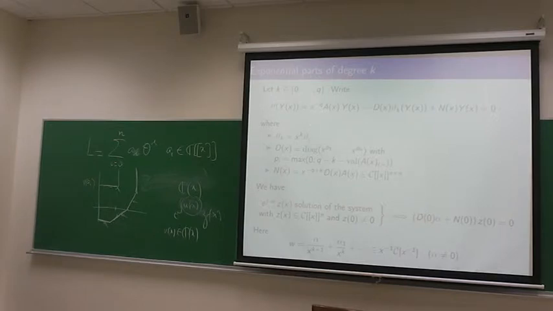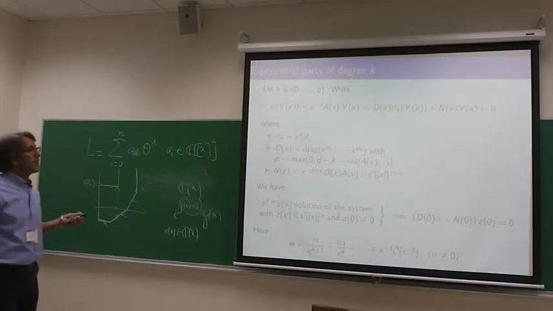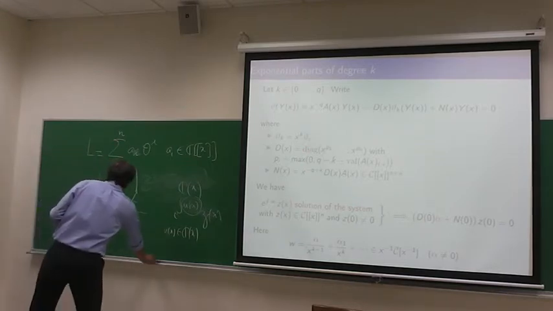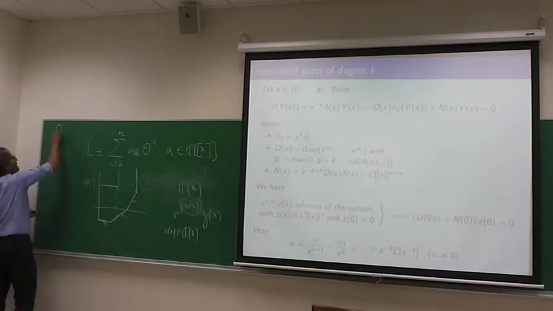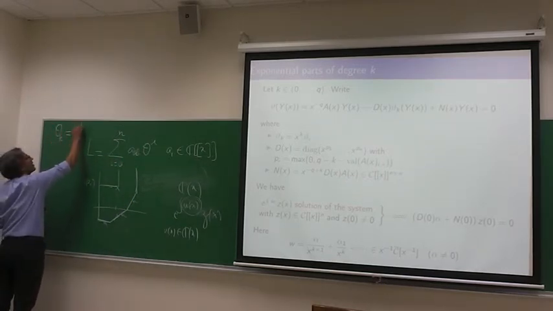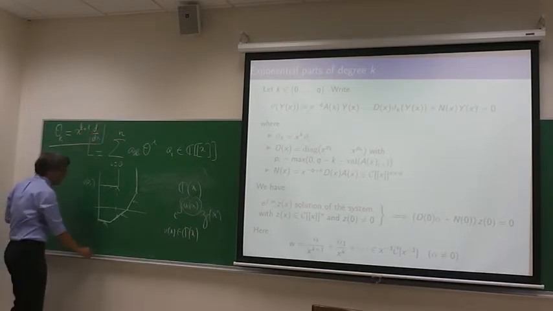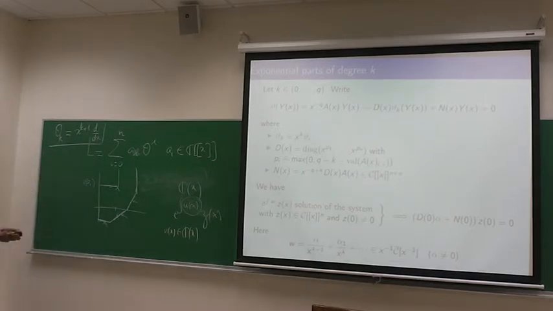So the trick is, you start from such a system and you multiply the system on the left by a convenient matrix D, a diagonal matrix with powers of x. You fix k, and I denote by theta sub k the derivation x to the k plus 1 d over dx.